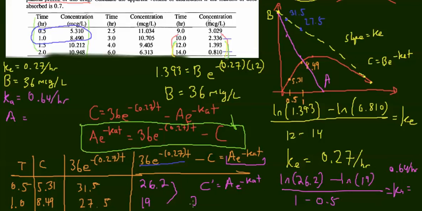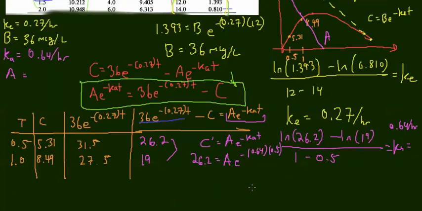So 26.2 is equal to A, e to the negative Ka. Ka we just found is 0.64. At what time do we get a concentration of 26.2? Well, at 0.5 hours. And we'll get A, and A happens to be 36.